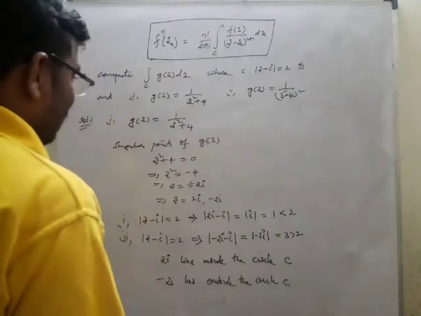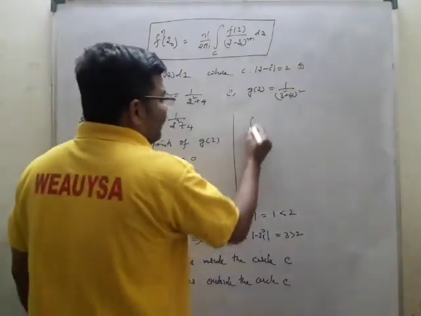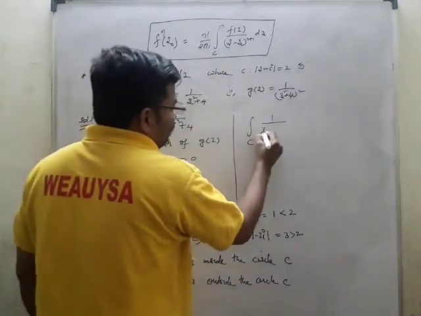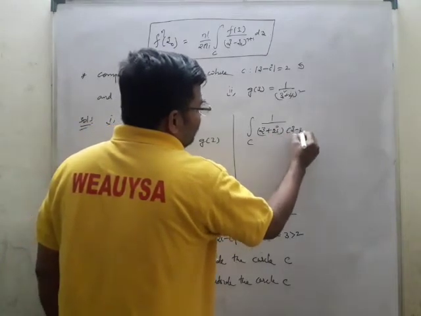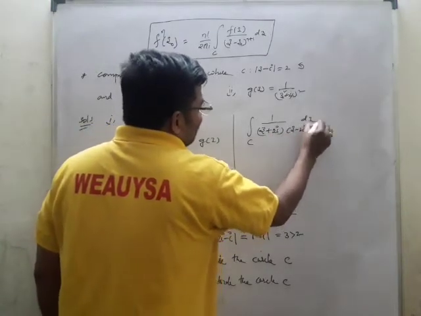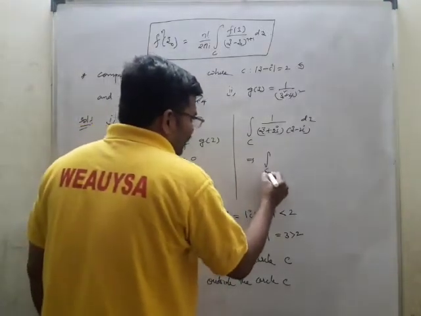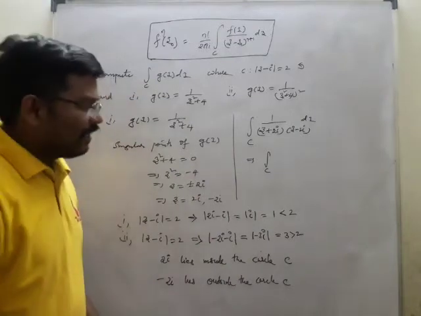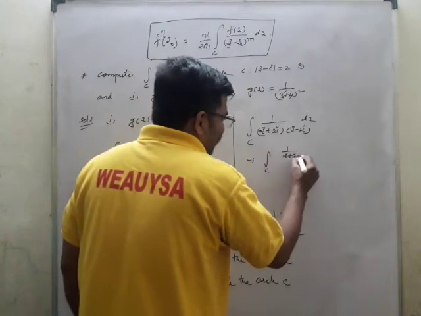Now I'll take it in the form of integral over C, and write this as z plus 2i into z minus 2i dz. Still I may write this in the form of integral C. Now, minus 2i is not lying inside the circle C, so I'll take that one to the numerator, that is z plus 2i.